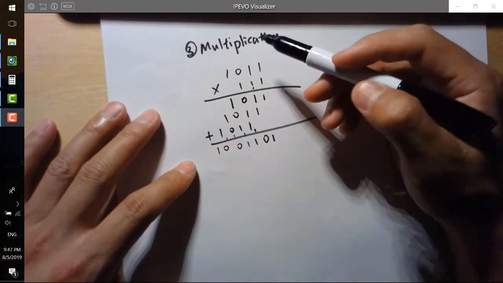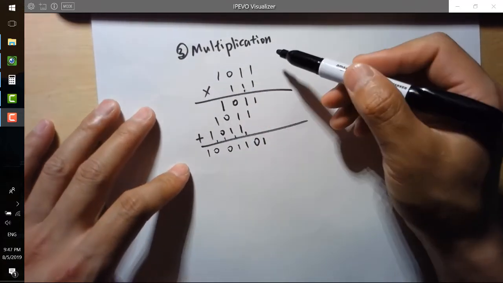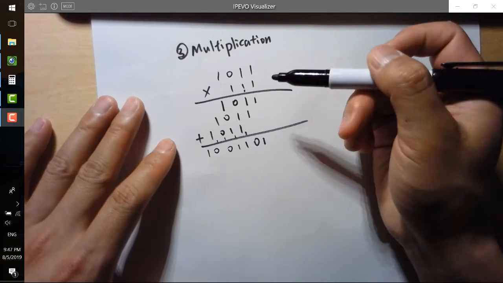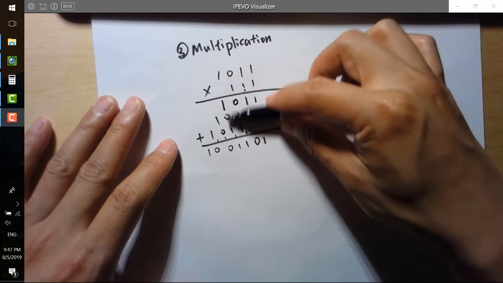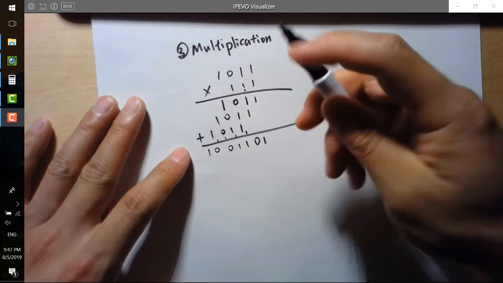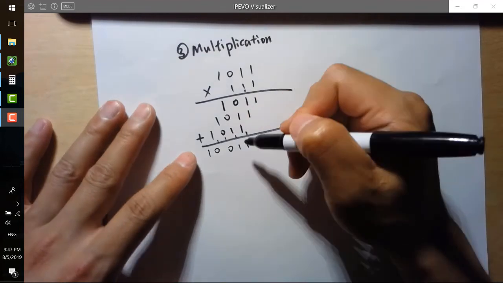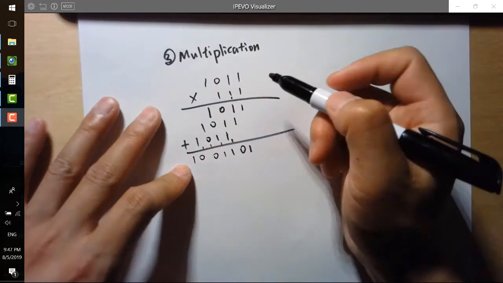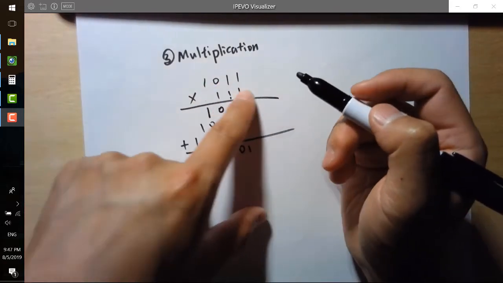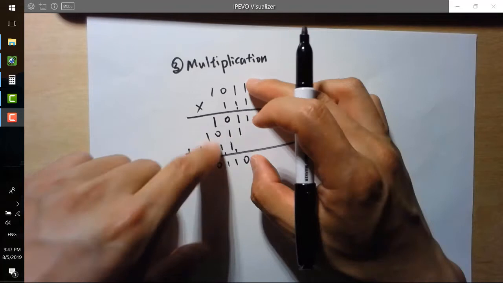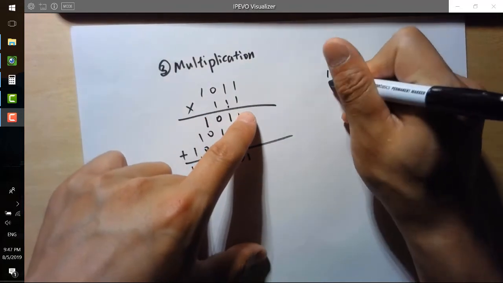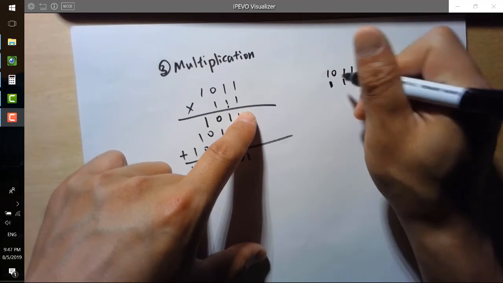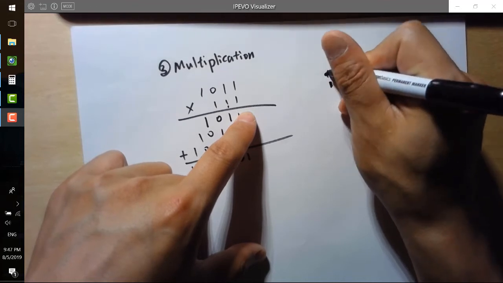It's pretty similar to when you are doing multiplication using decimal numbers, but the only difference is when you have all these things, you add them together in the binary form, but not the decimal form. So let's think about it. For example, these numbers in this example are binary numbers. If we have the same number here, 1 1 1. Sorry, this digit is here.